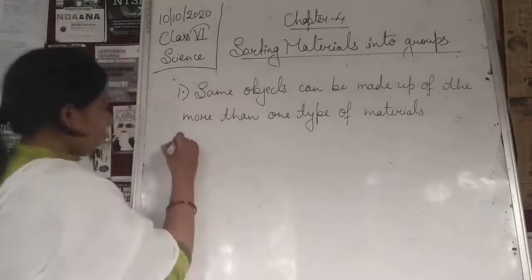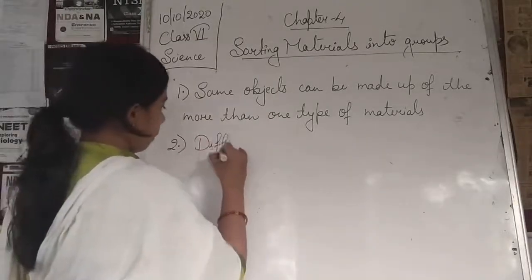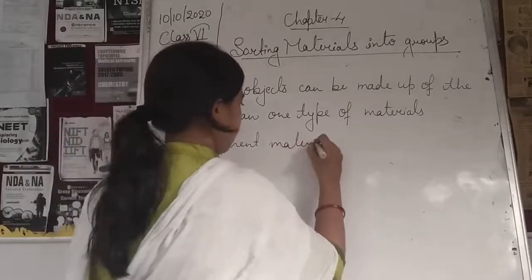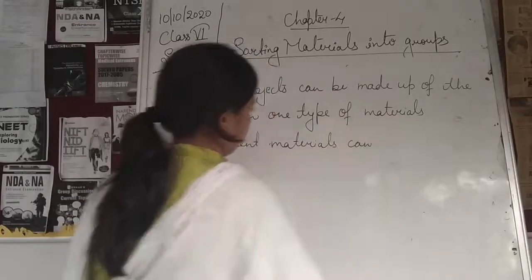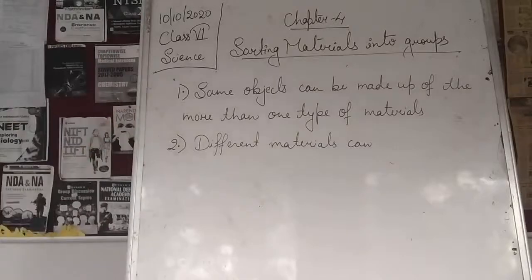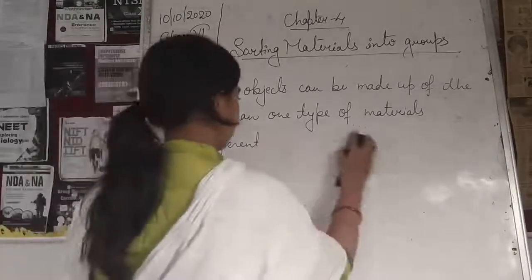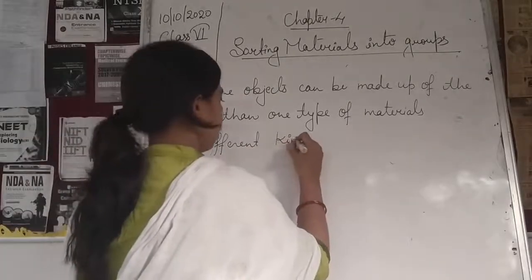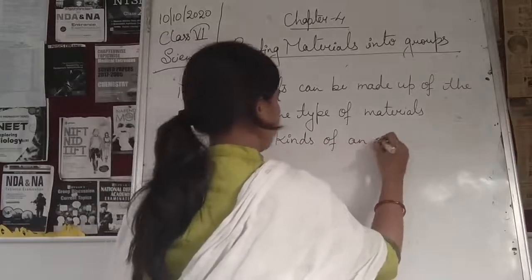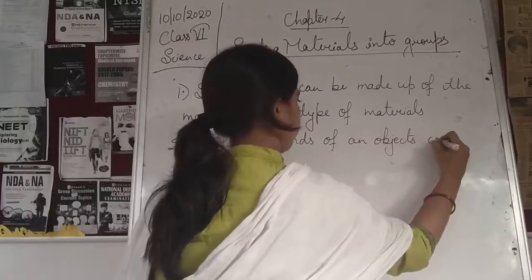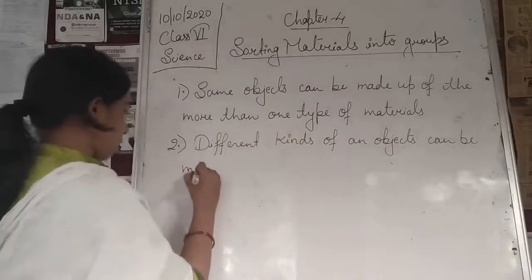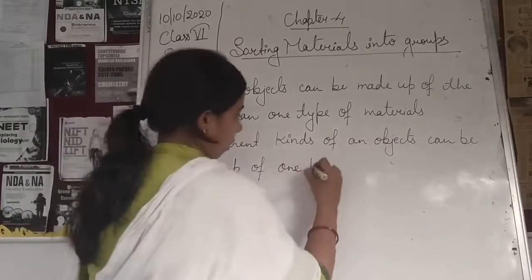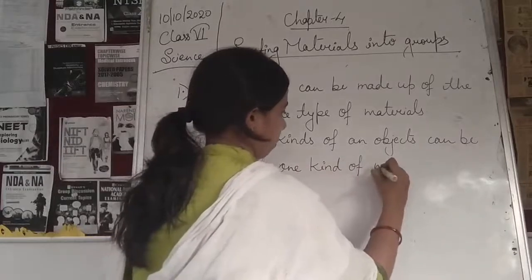Okay, second one: different materials or different kinds of objects can be one kind of material.